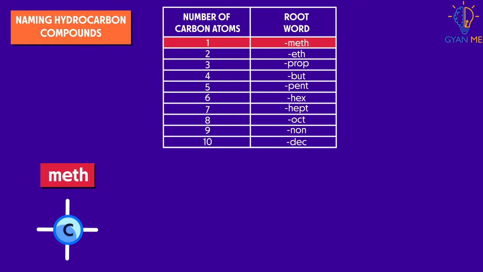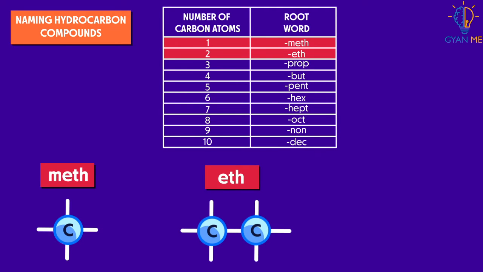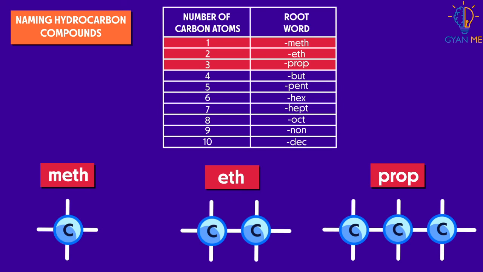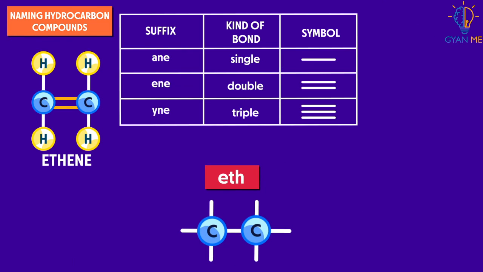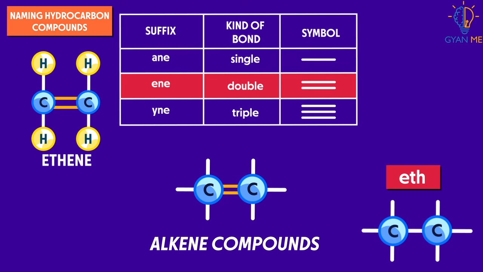For hydrocarbons containing two carbons, eth will be the root, while the root is prop for hydrocarbons containing 3 carbon atoms. And so on. This is followed by a common suffix "ene" at the end of the name of each hydrocarbon, since we are talking about alkene compounds. And what does this mean? Yes, it means the compounds have at least one double bond between their carbon atoms.